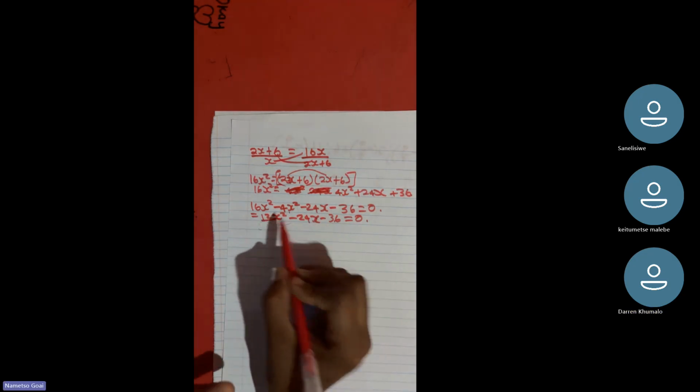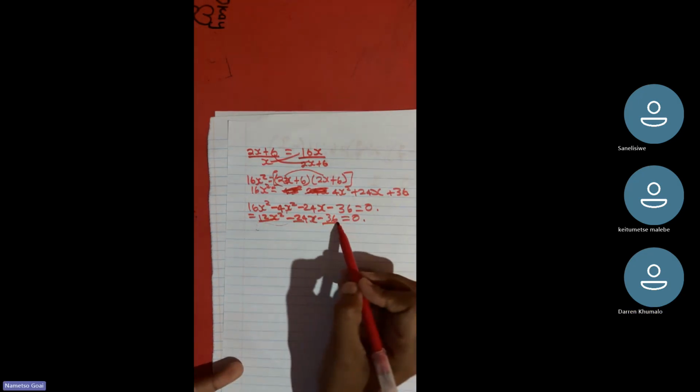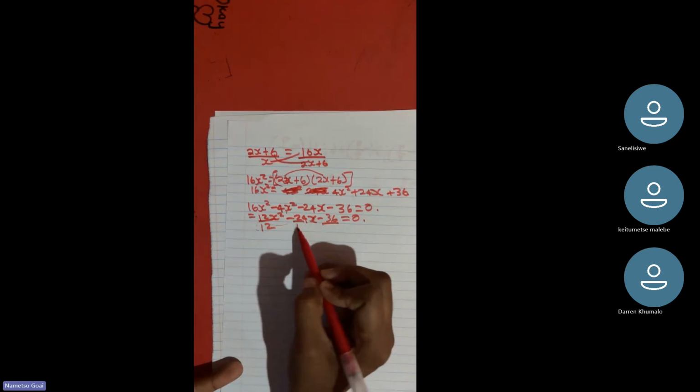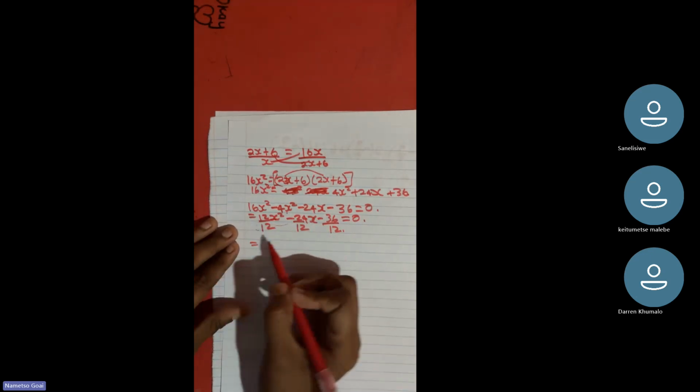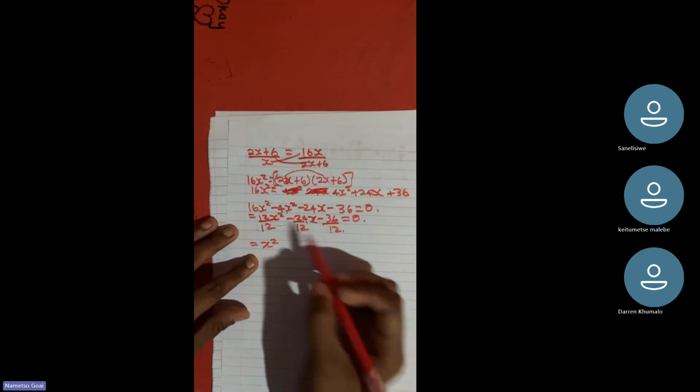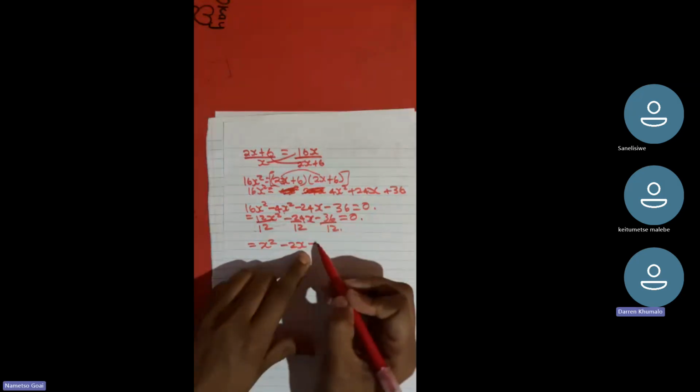Take 12 as the highest common factor and divide everything by 12, because these are all multiples of 12. So you have x squared minus 2x minus 3 equals 0, right?